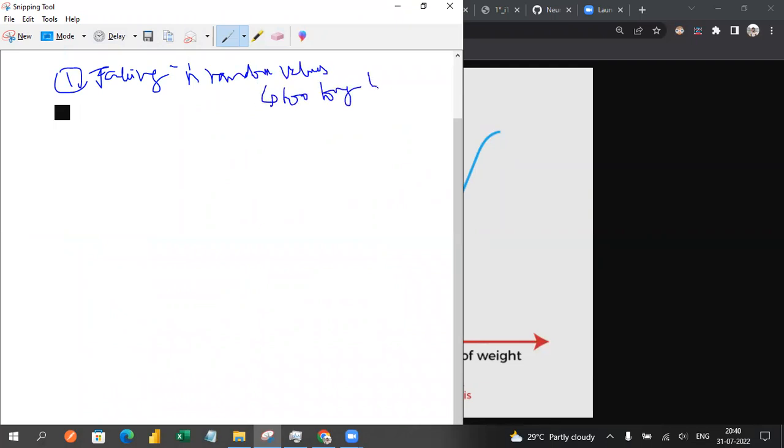But the good idea that comes across is something called stochastic gradient descent, SGD we can also call it. Stochastic gradient descent is very helpful in this case.